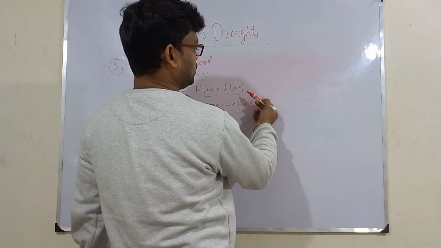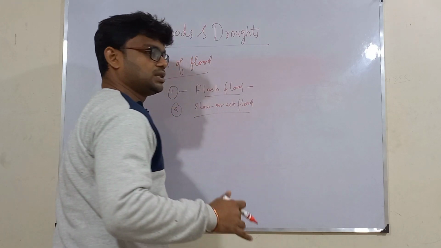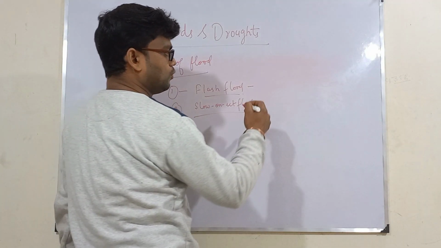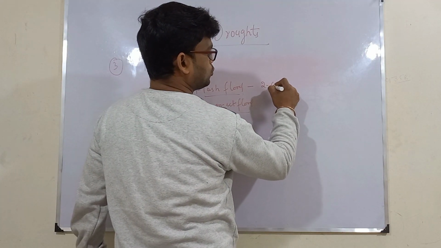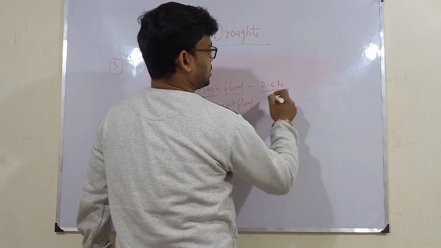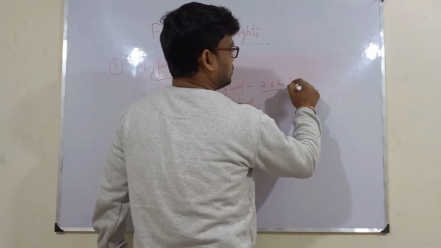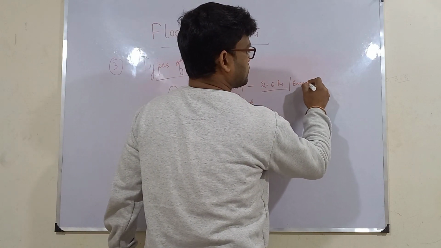Now, what is flash flood? This generally refers to an increase in the amount of water or accumulation of water over a short interval of time, say 2 to 6 hours.